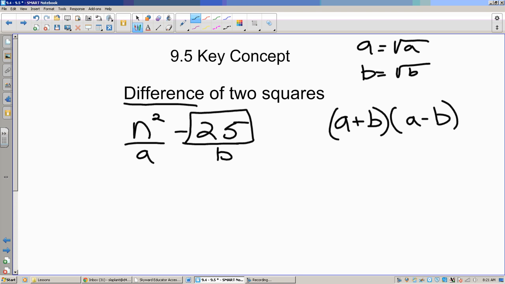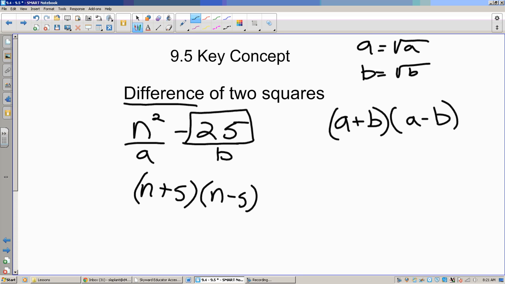So in this case, what's the square root of n squared? N. Perfect. So we've got n plus, what's the square root of 25? 5. N plus 5 times n minus 5. That is this factor.